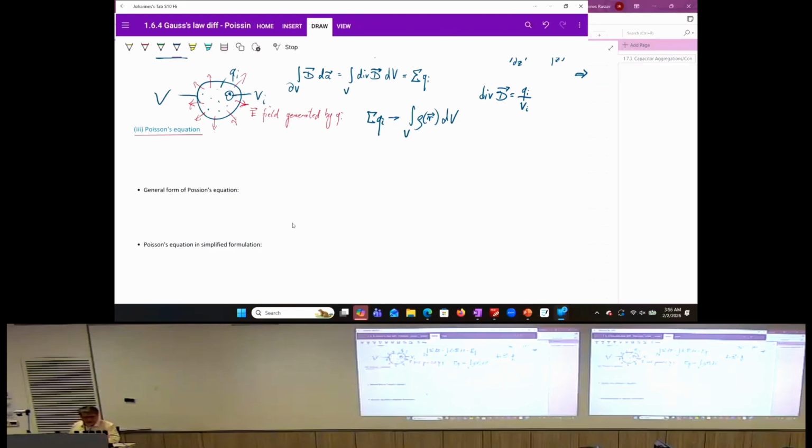Respectively, we derived the scalar potential by integrating over the electric field from some reference point to the desired point. That gives us the definition of the scalar potential up to some constant. That's what we said earlier.